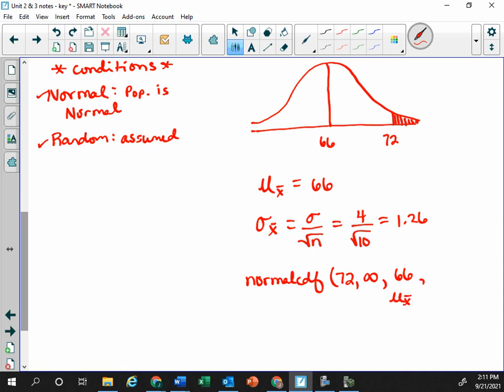And then my sigma of x bar is 1.26. Okay? This is why it's important to label what you're doing. Show like, hey, this is a sampling distribution, not just the population distribution. Okay, what do you get?